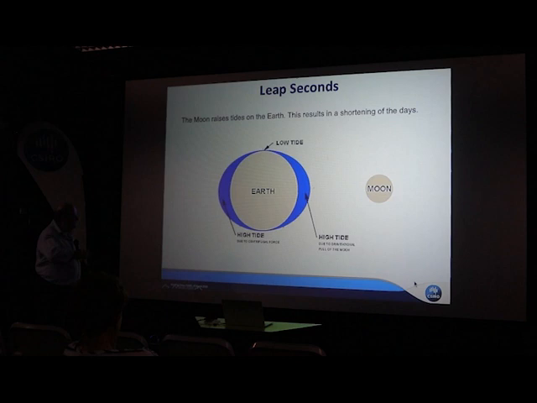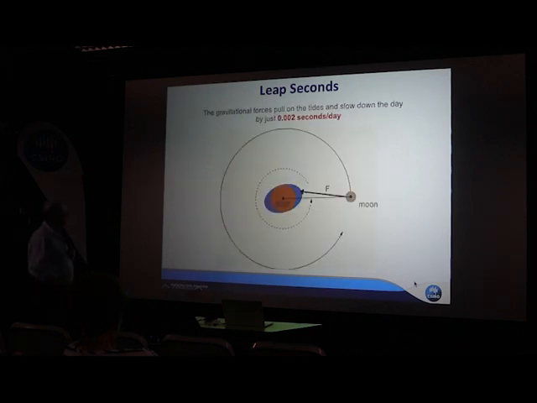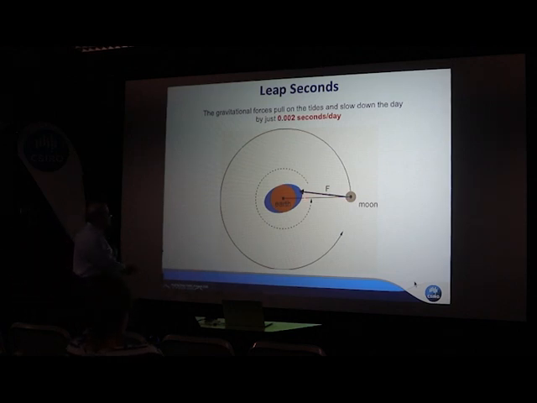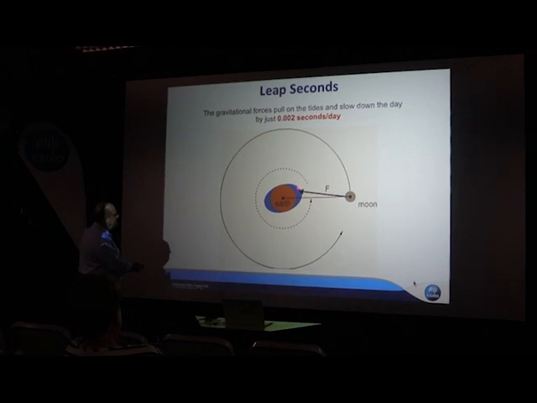Instead, the friction of the oceans with the Earth causes that bulge to move forward a little bit ahead of the Earth-Moon direction. Can you follow? And what that does, because there's more mass slightly ahead, that tends to pull on the moon, drag it around, like on a string, which speeds it up.